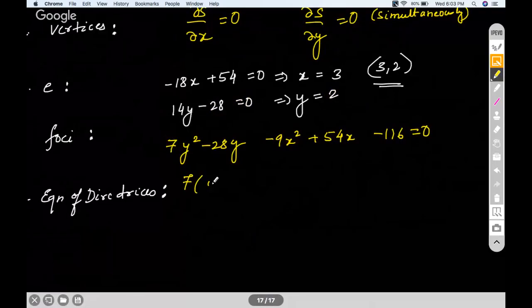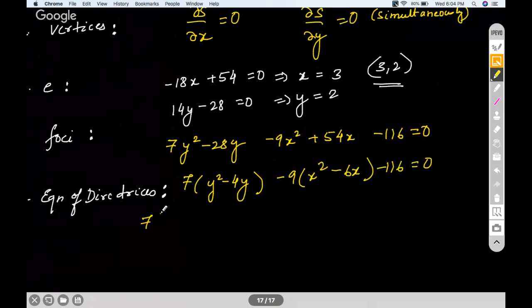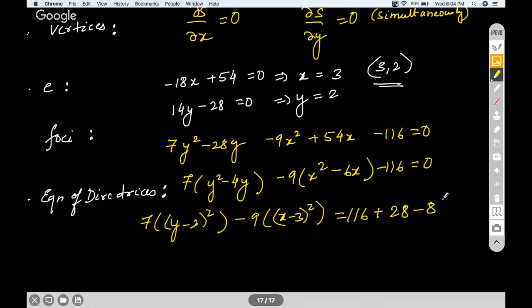So it becomes 7y square minus 4y, minus 9 times x square minus 6x, minus 116 equal to 0. So let's complete the perfect square. This will be y minus 2 the whole square. This will be 9 times x minus 3 the whole square. And you have to compensate by adding 28 and minus 81 on the other side.